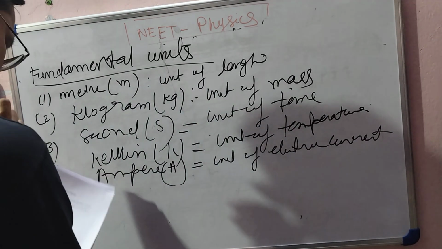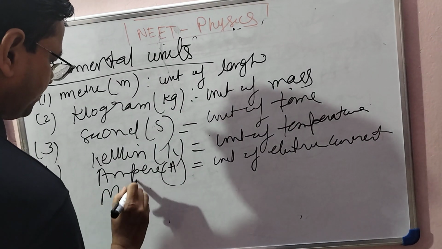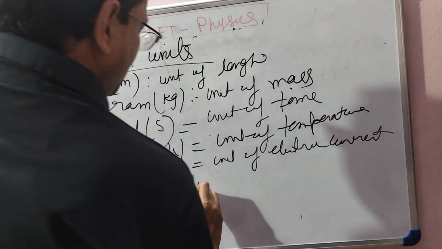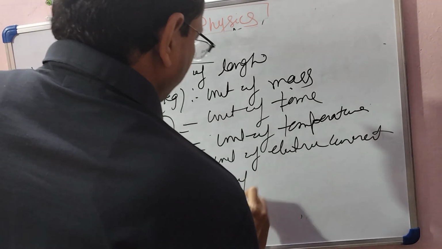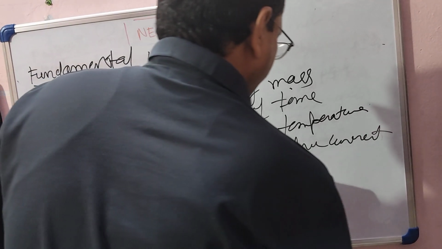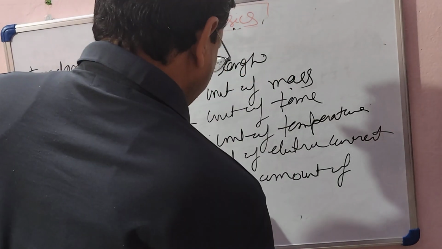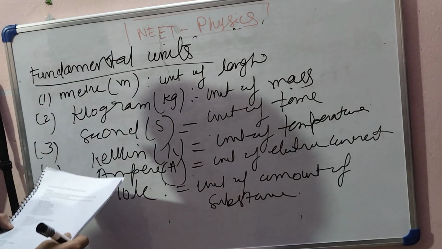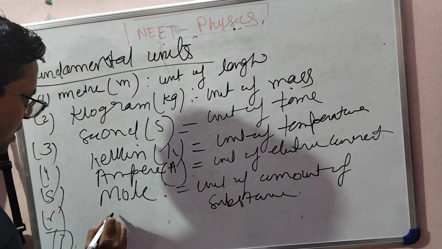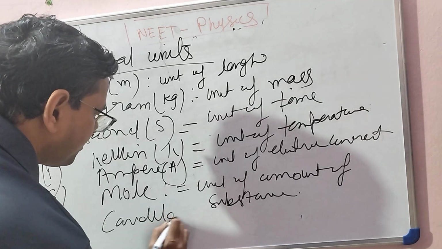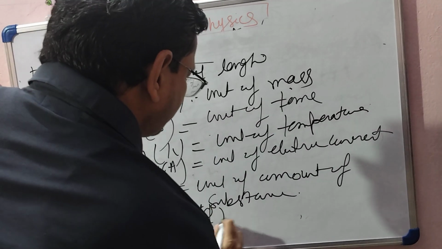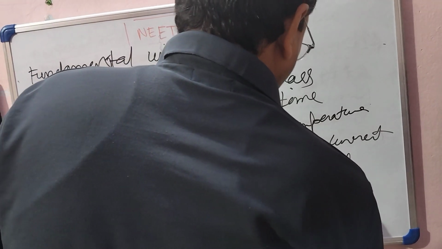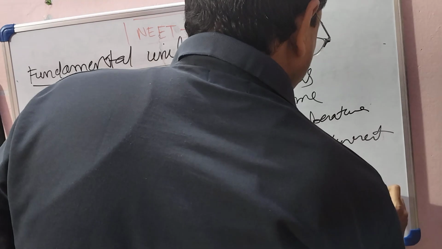Six, mole, unit of amount of substance. Seven, candela, cd, unit of luminous intensity.